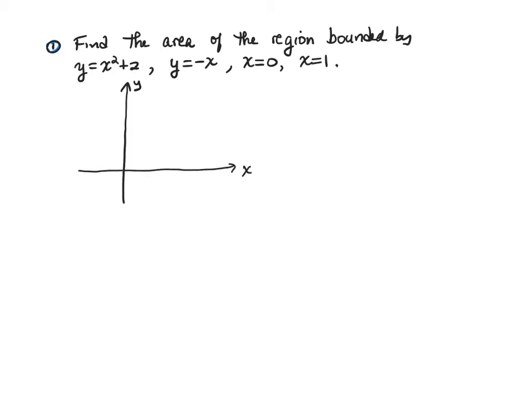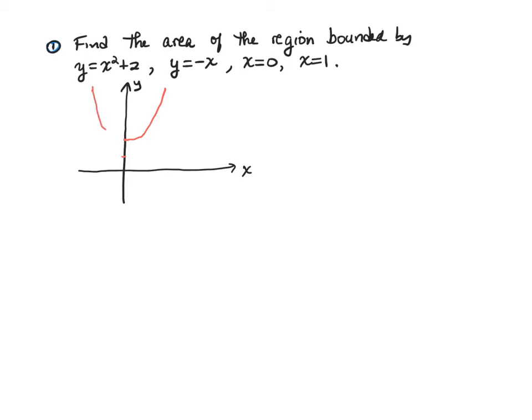So y equals x squared plus 2 is a parabola whose vertex would have been at the origin, but it's shifted up 2 units. So I'll just put this. Okay, so we got a parabola there. It's not really that perfect, but let me just try to perfect it a little bit.